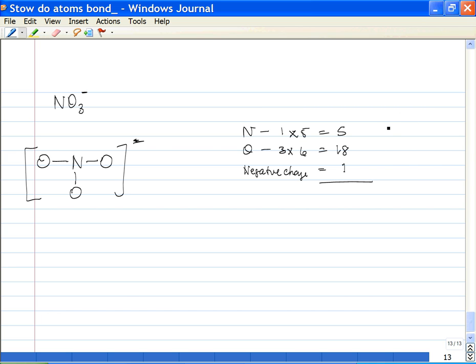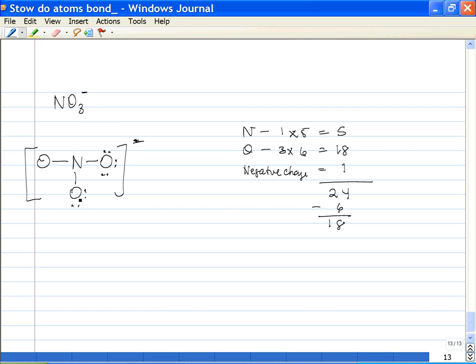So therefore, we've got 24 electrons to distribute. So how many are tied up in bonds? So therefore, we've got 18 left to distribute.